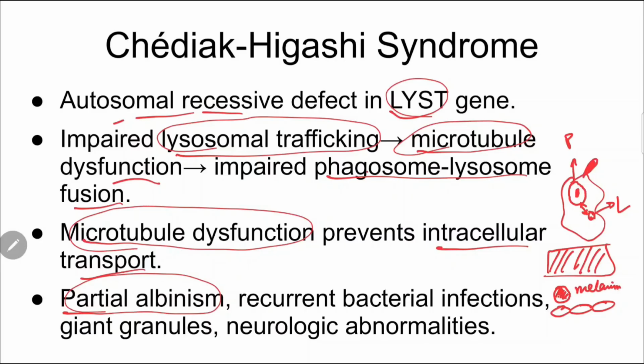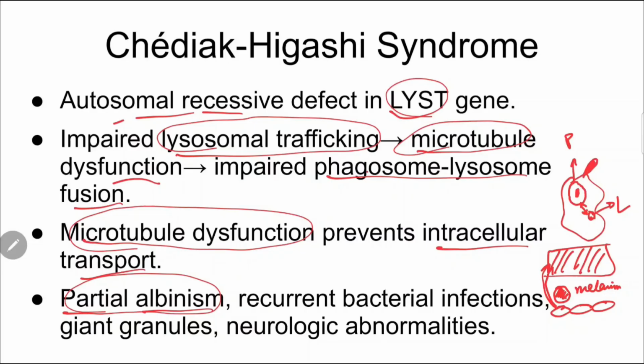Now, this melanin is transported from the melanocytes to the keratinocytes, and this is responsible for the color of your skin. What happens in Chediak-Higashi is that because you have this microtubule dysfunction that prevents this transport, the melanin never reaches the skin, and that is why you get partial albinism.